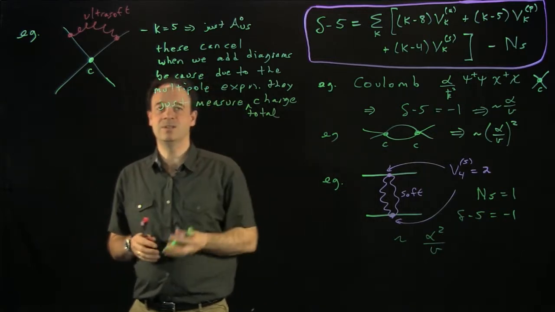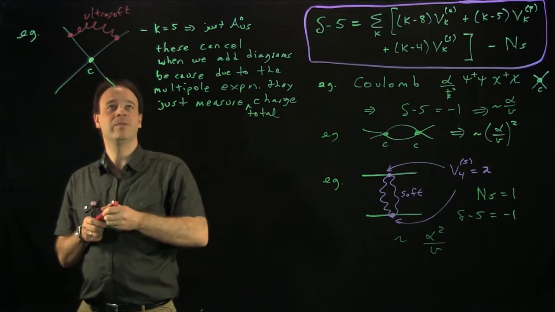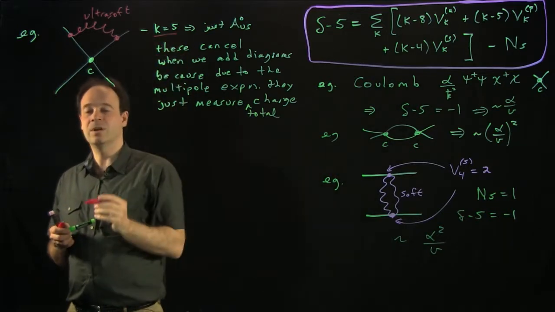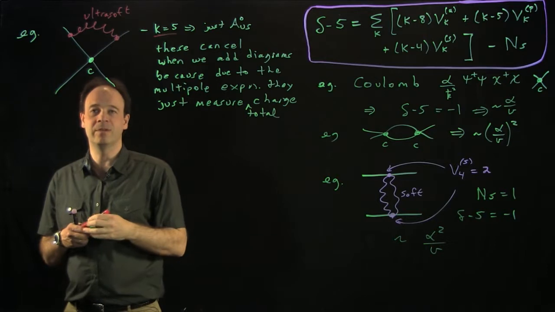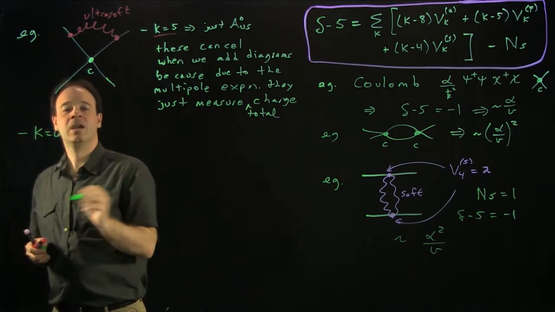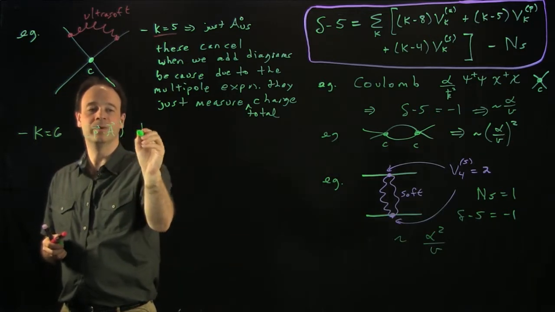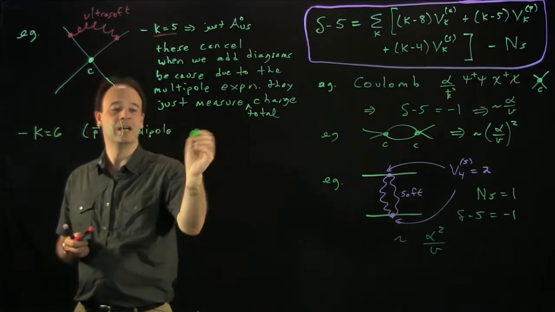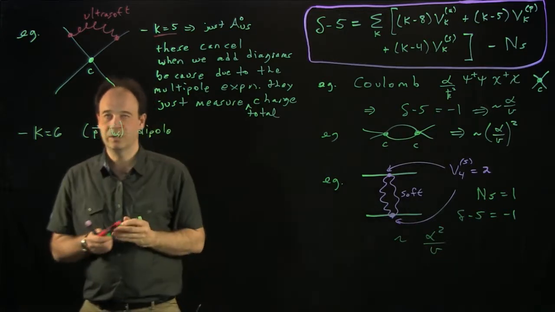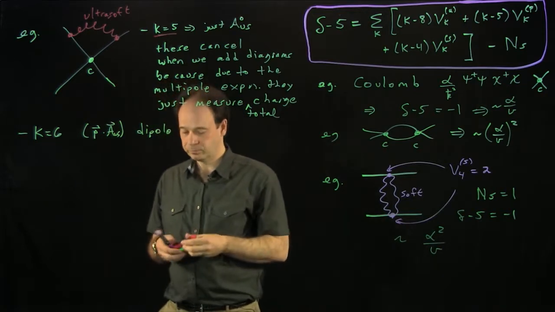So that's why these A0 gluons cancel. So the first thing that we need when we think about the scaling for the ultrasoft vertices is not k equals 5, but rather k equals 6, the next term. And at k equals 6, we have interactions that had this form, which is what we call the dipole interaction with the ultrasoft field. So that's what the first non-trivial correction is, where we have a dipole interaction here.